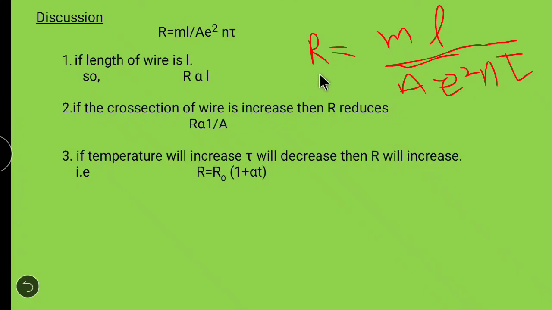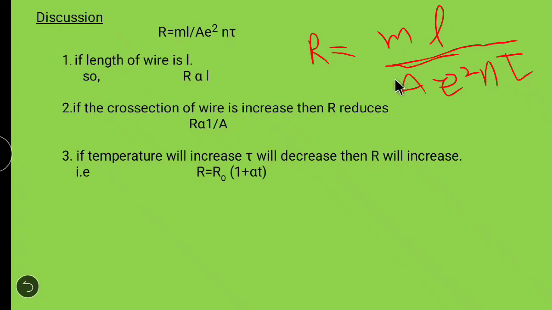So here students, you are watching that R is directly proportional to L. I mean to say, when you will increase the length of the wire, then resistance will also increase, because the length of wire is directly proportional to the resistance. Here A is the cross sectional area of the wire.